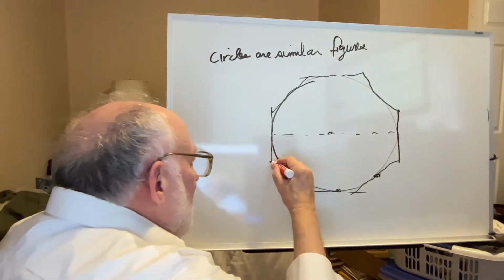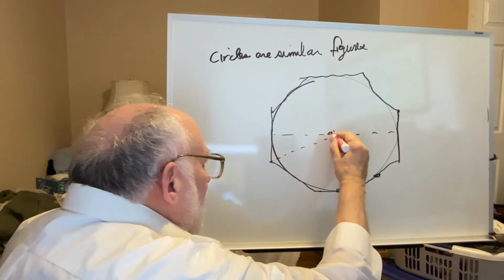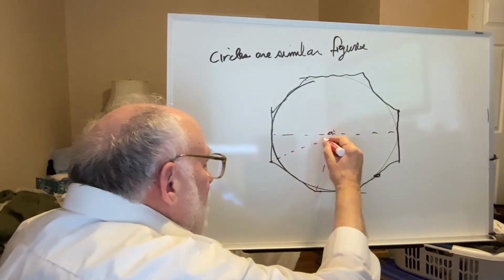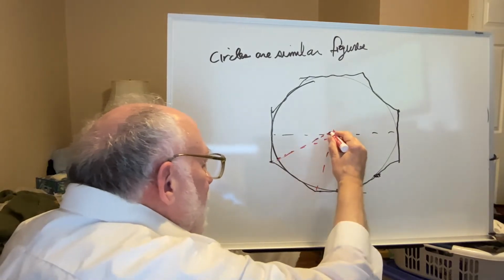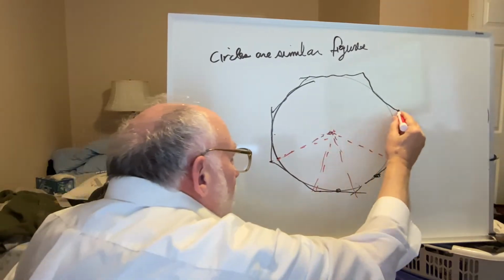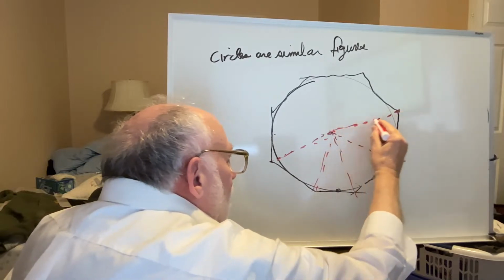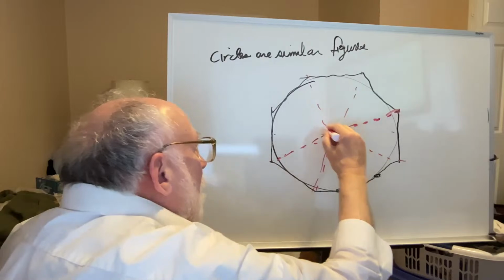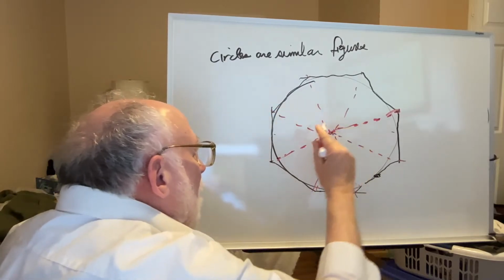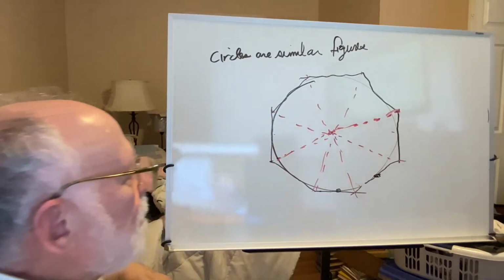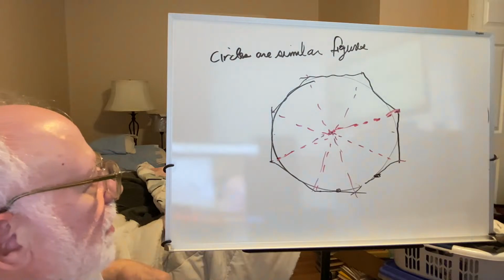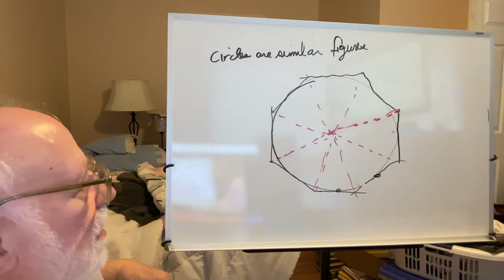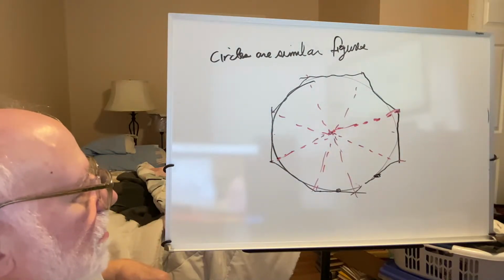This is a hexagon, or we could take more sides of it, regular polygons. So now we can split up the regular hexagon into triangles.